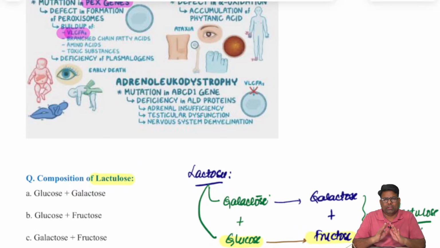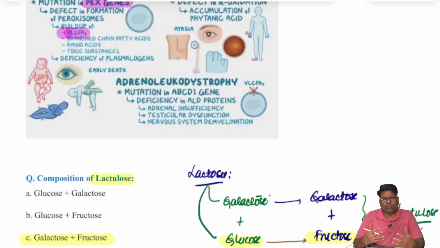I think this is a very basic thing. Galactose remains the same, and glucose is replaced by fructose, and that makes the lactulose, right? The answer would be here galactose plus fructose.